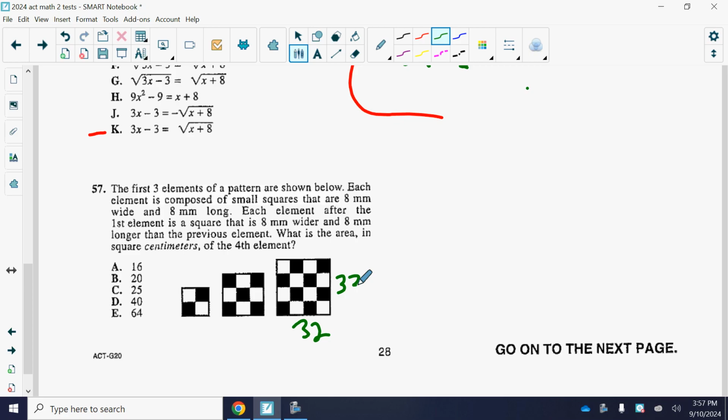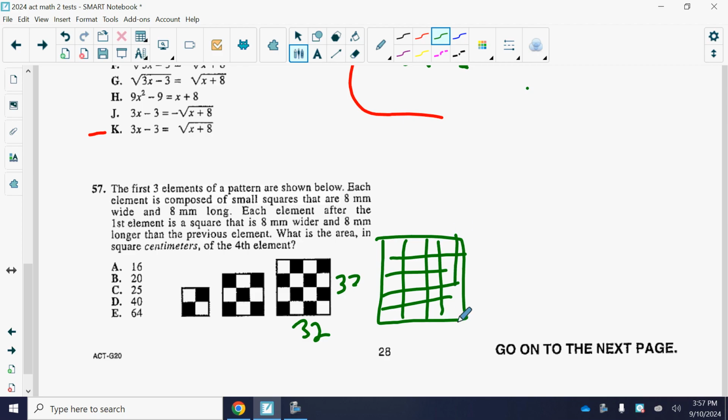The next one will have 5, so it'll have 5 squares across and up and down. So it'll be 5 times 8, 40 by 40. That would be 40 times 40, 1,600 square millimeters.